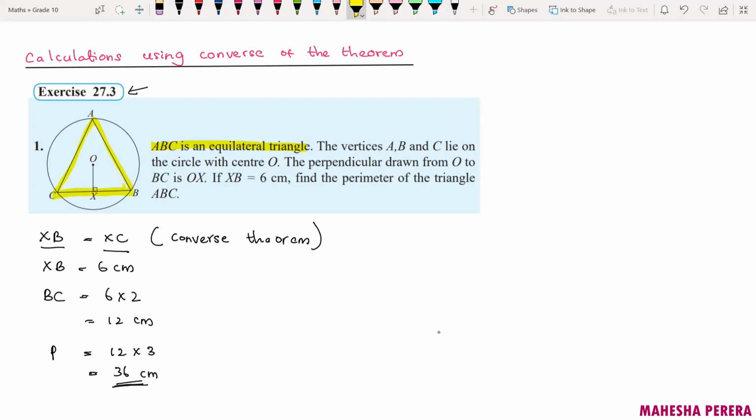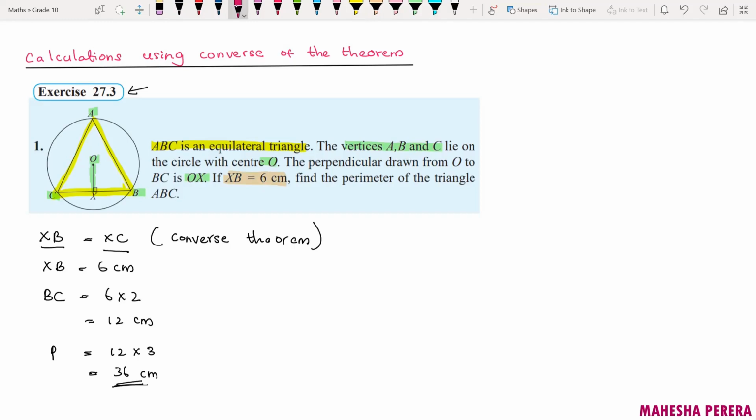Then it says the vertices A, B, C lie on the circle with center O. This is our center. These are the vertices, and the vertices lie on the circle. The perpendicular drawn from O to BC is OX. This is our perpendicular. And then if XB equals 6 centimeters, let's mark it.